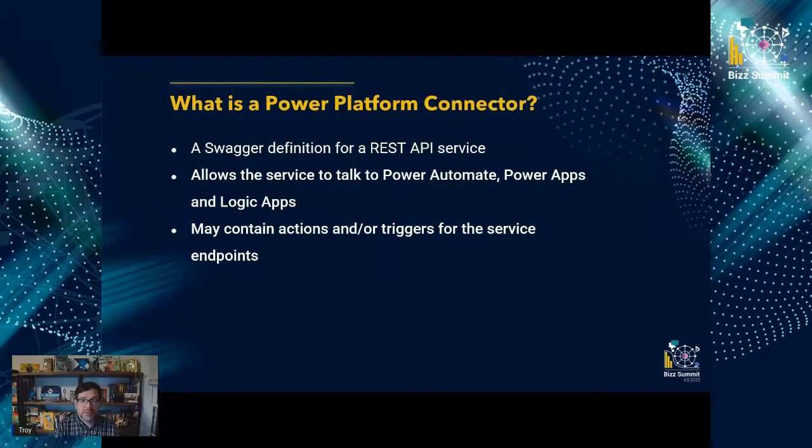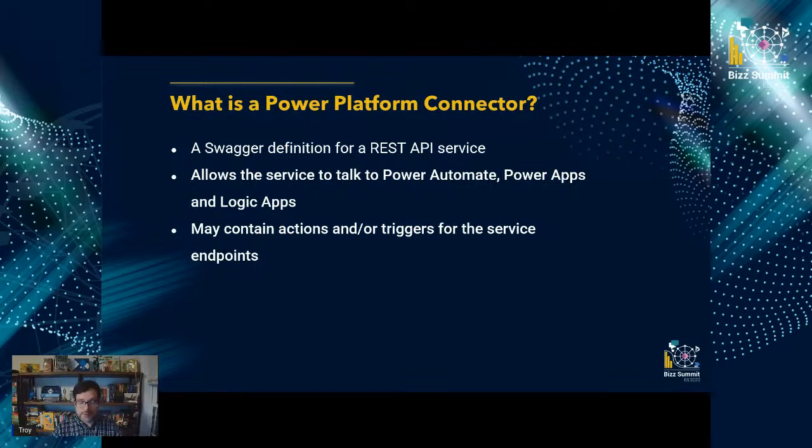Now, a connector can include actions and triggers. There can be other policies in the background that transform the data a little bit. And new to connectors, you might also have custom code included in your connector so that you can use C# and do additional transformations, do additional service calls.